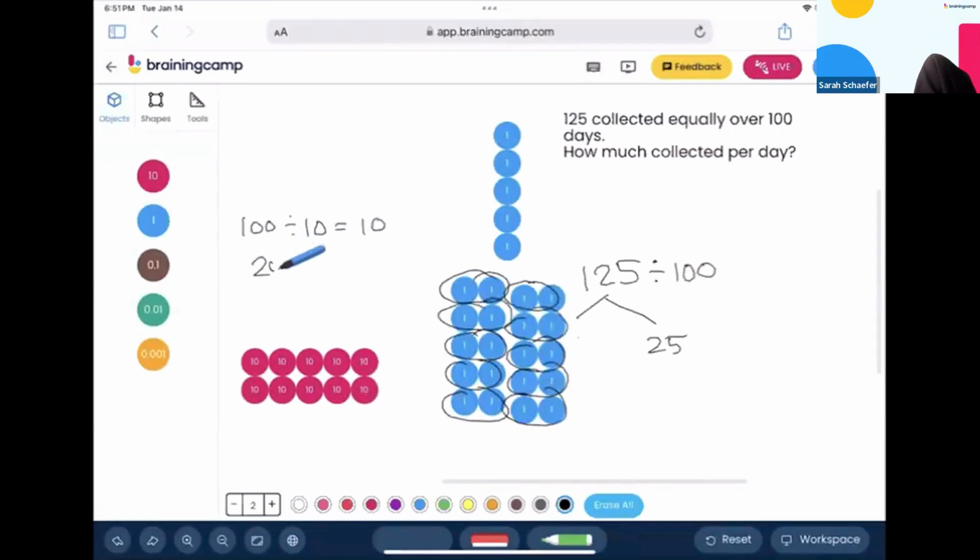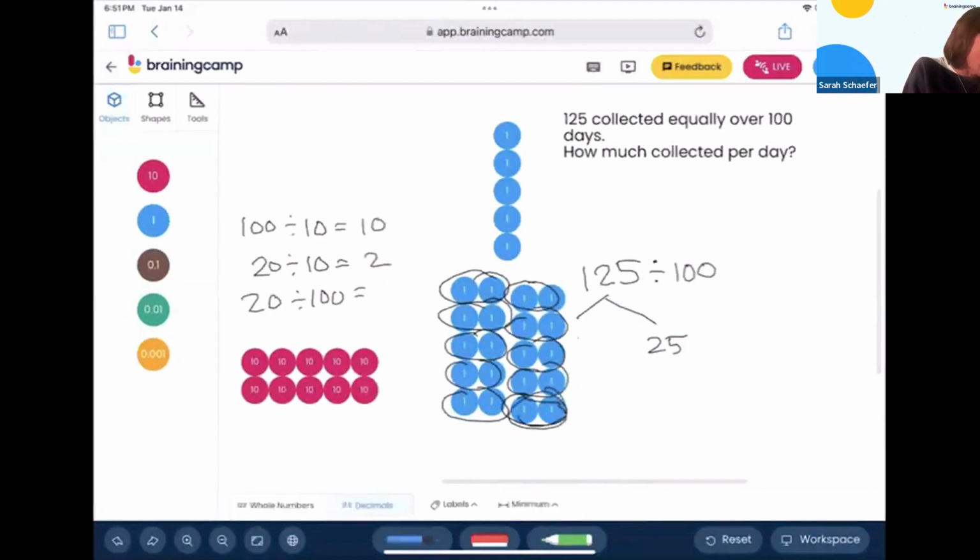So 20 put into 10 groups will give me 2 in each group, but 20 put into 100 groups. Yeah, that's right. Well, how am I going to take these two right here and move and put them into 10 groups?